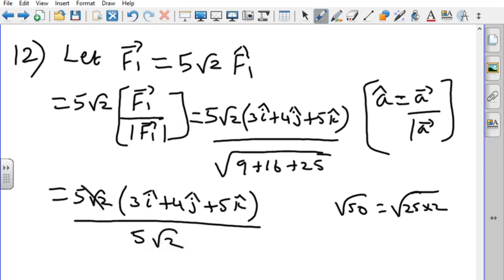So 5 root 2 and 5 root 2 get cancelled, so it is equal to 3i cap plus 4j cap plus 5k cap.